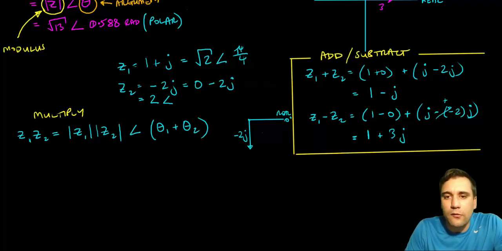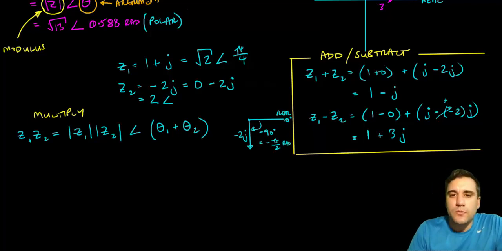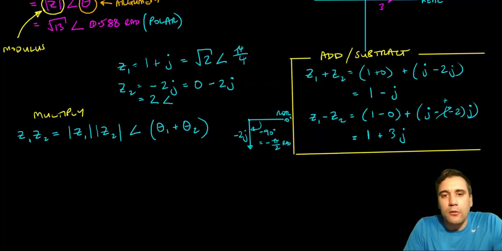Always off to the right on the real axis is this 0 degrees reference, and we've got minus 90 degrees, because by convention going counterclockwise is a positive angle, and going clockwise is a negative angle. Negative 90 degrees, which is equal to negative pi on 2 radians, right? So since we're working in radians, we don't even need to do any trig for this angle. It's just going to be negative pi on 2 radians.